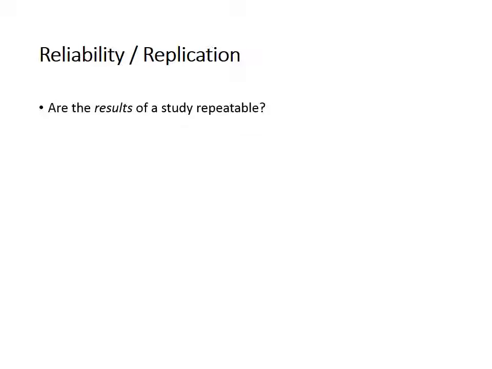Could the results of your study be repeated and the same findings obtained? In the natural sciences, in positivist research, we expect to be able to get the same results time after time.